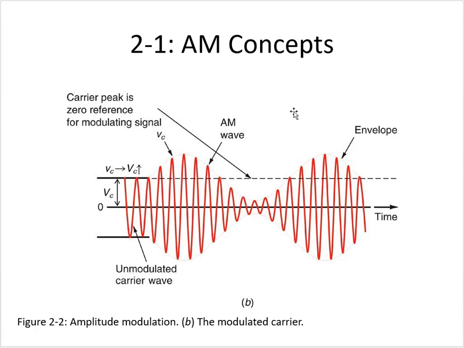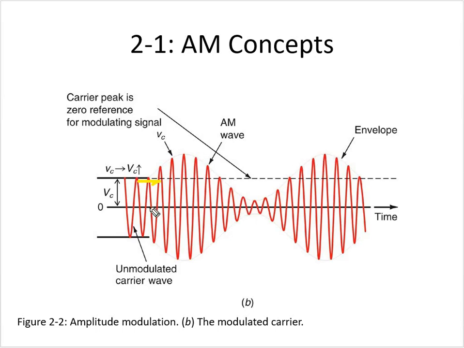In this slide we can see the envelope. Okay, I'll show you the envelope. This signal is actually an envelope, and you can see that VC tends to VC. It means in this portion VC is increasing, and then VC is decreasing, and then again.